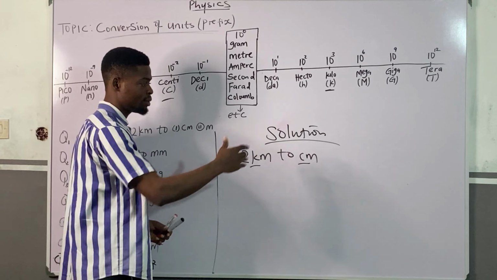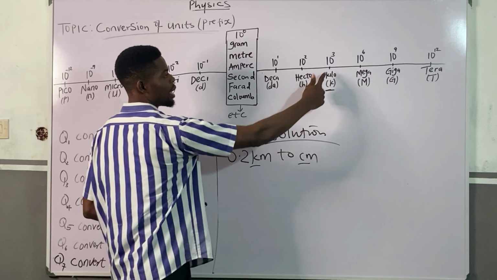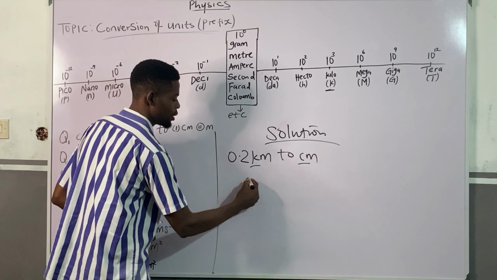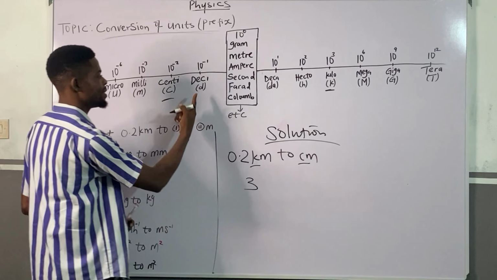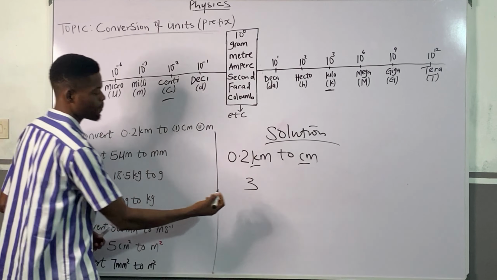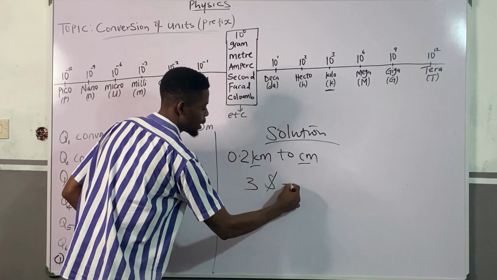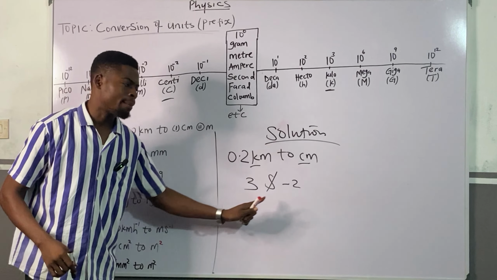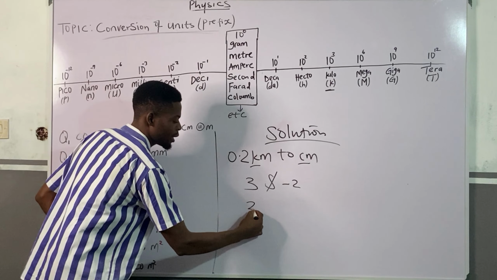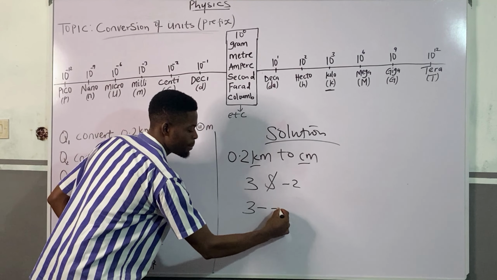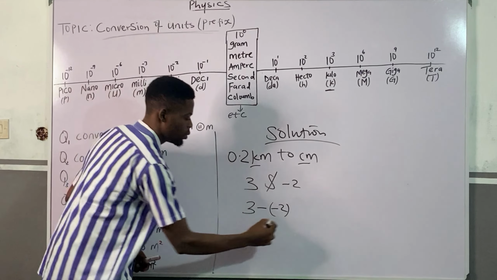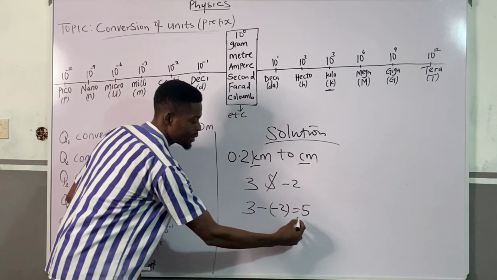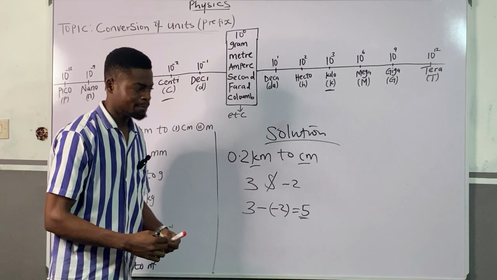The power on the prefix of kilo is 3, and that of centi is minus 2. Now, the positive difference between 3 and minus 2 is 3 minus minus 2, which equals 5. So this is the positive difference between kilo and centi.